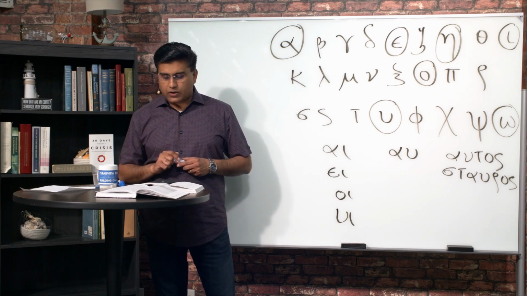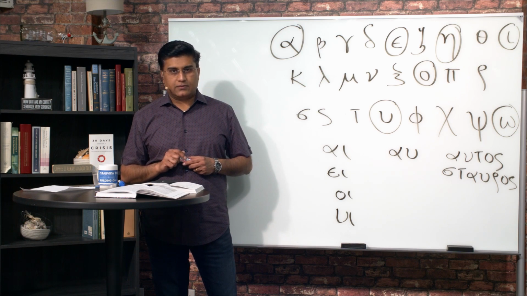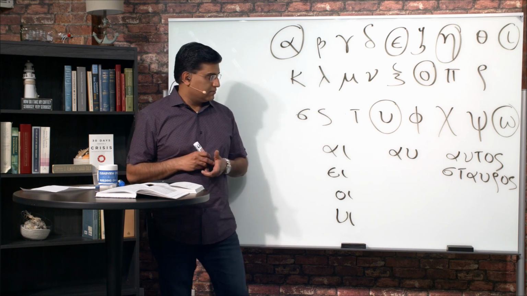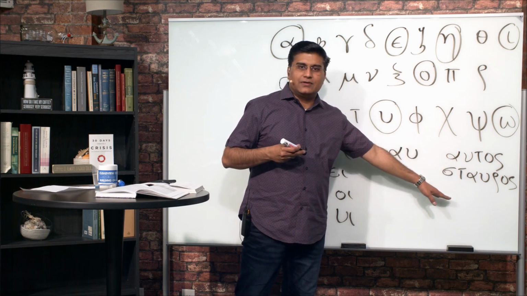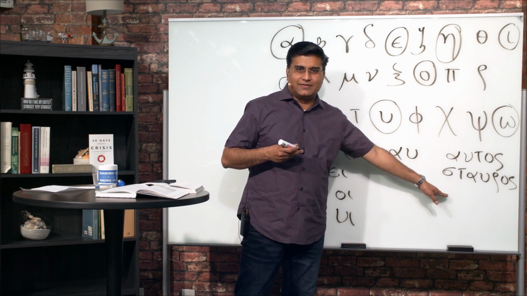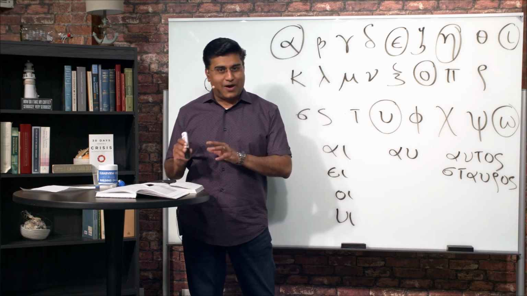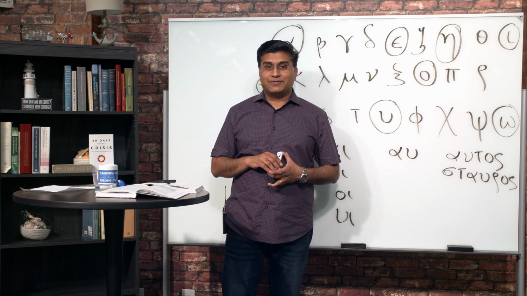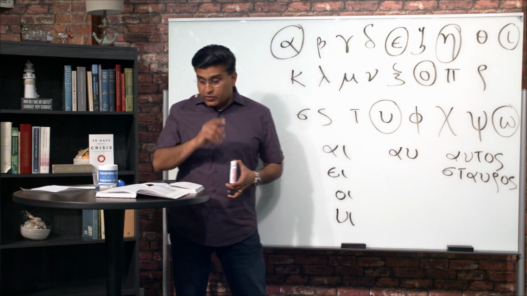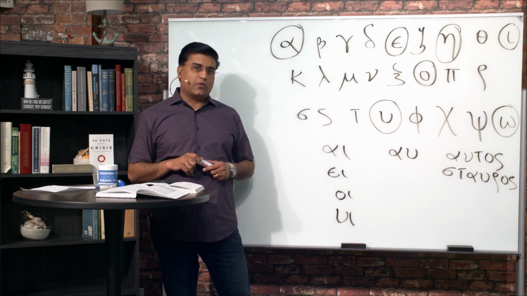So stauros would be stavros. Aftos, stavros. That's Koine and modern pronunciation. Classical Erasmian, autos, stauros. Very simple. But we do need to try to be as accurate as possible.